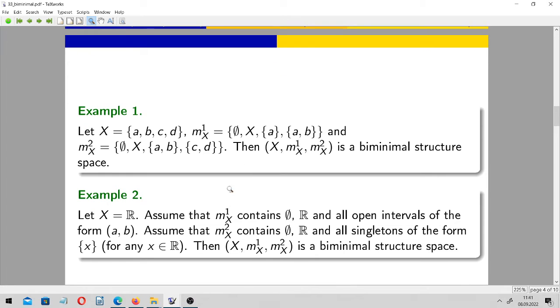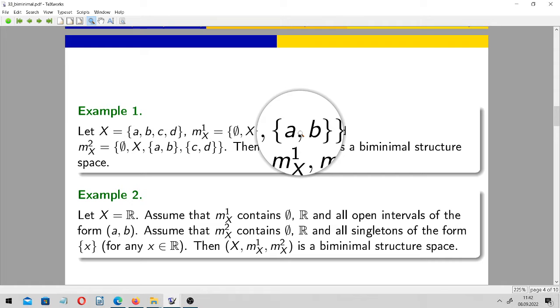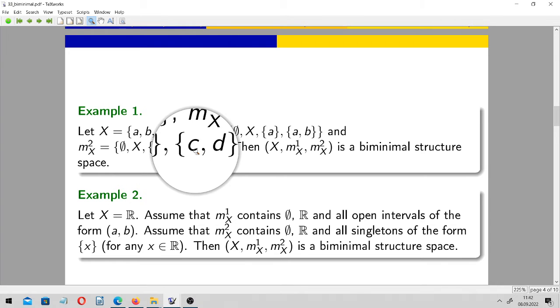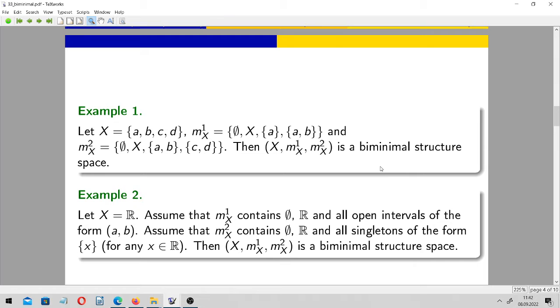Clearly this is an analogy with bitopological spaces. For example, take the finite universe A, B, C, D. The first minimal structure is this one: the empty set, the whole universe, the singleton of A, and the subset which contains A and B. And we have the second structure here, and of course the whole triple is a biminimal structure space.